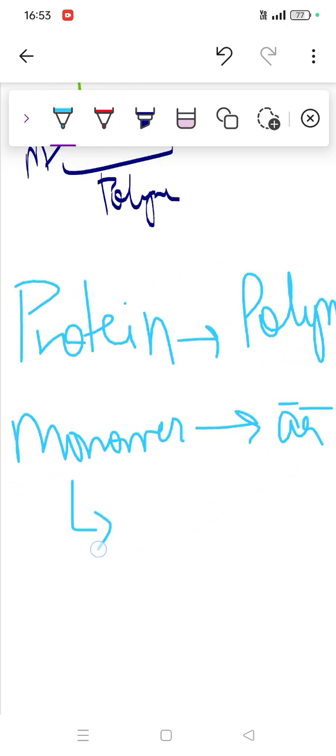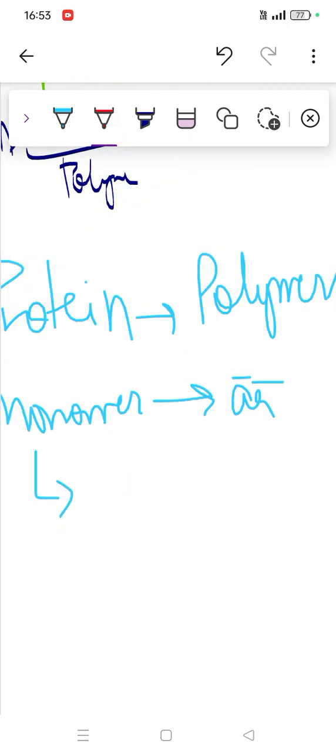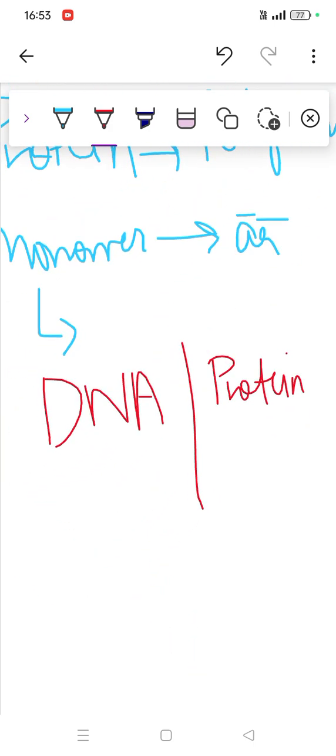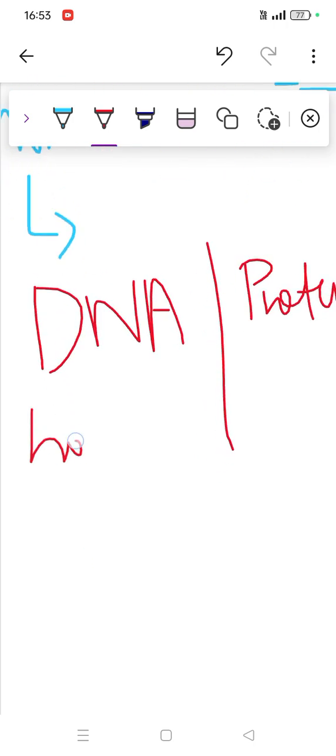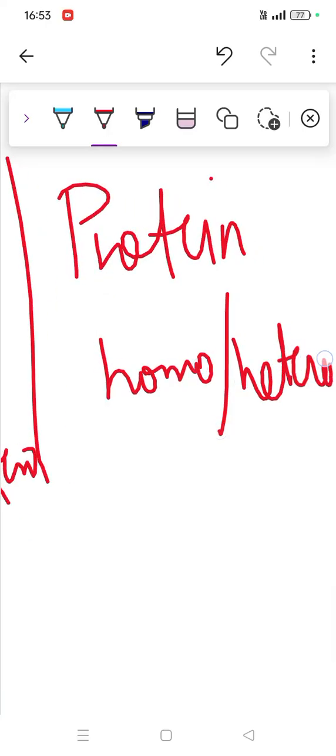Now if I ask you, for DNA and protein, which one is a homopolymer, which one is a heteropolymer, or both?